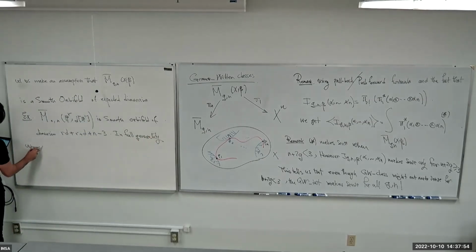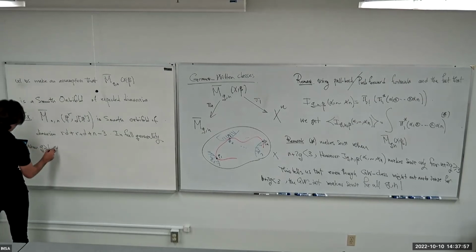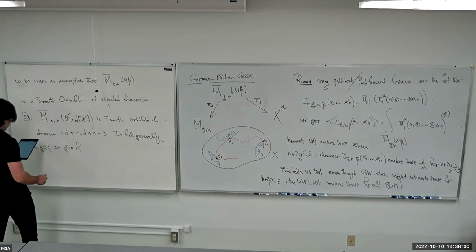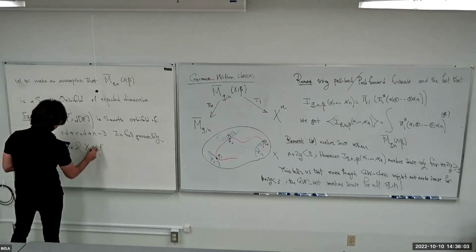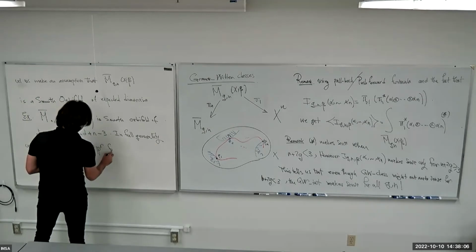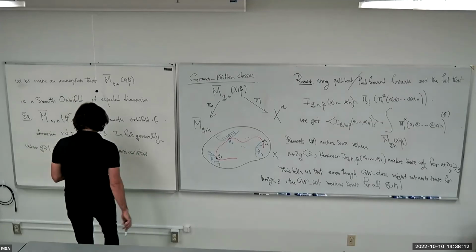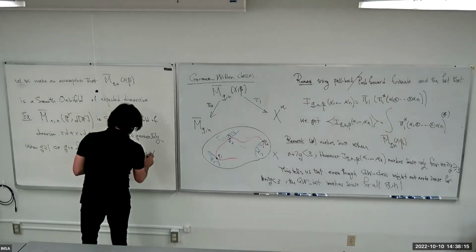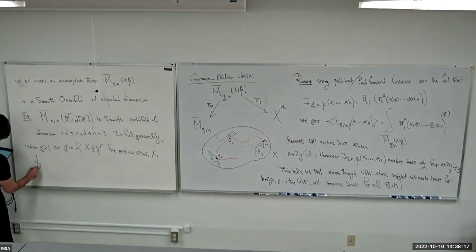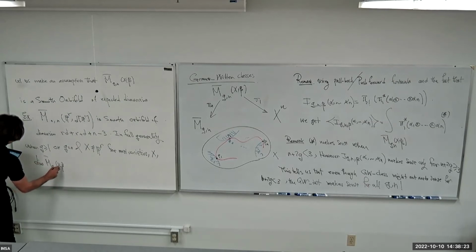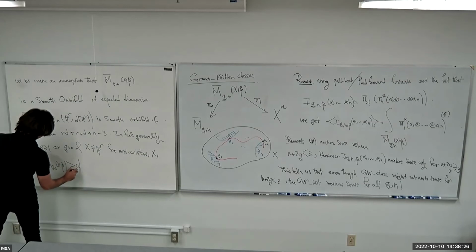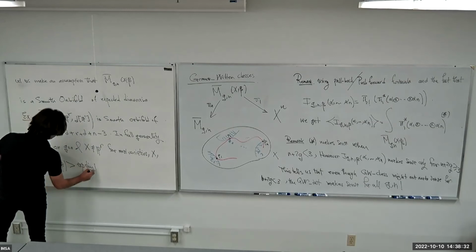In full generality, when genus is bigger than or equal to 1, or genus equal to 0 and X is not P^r, for most varieties X, the dimension of M bar g,n (X, beta) is bigger than the expected dimension of M bar g,n (X, beta).